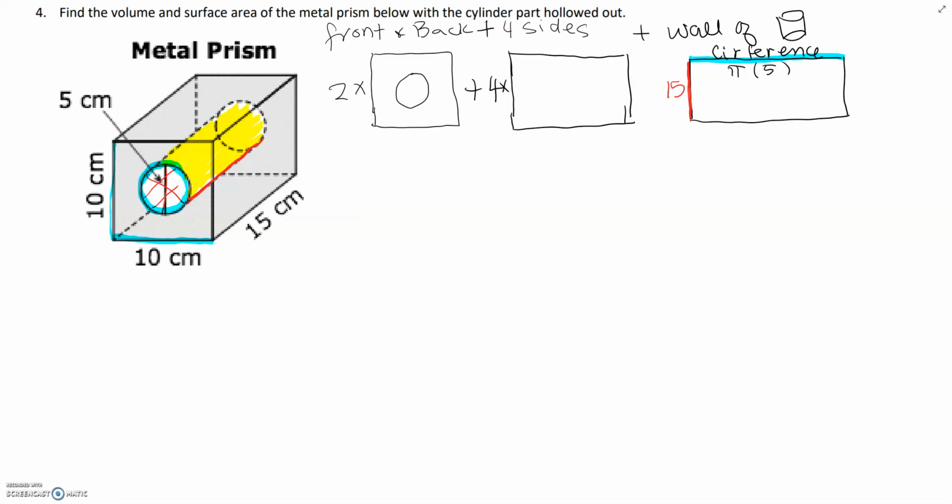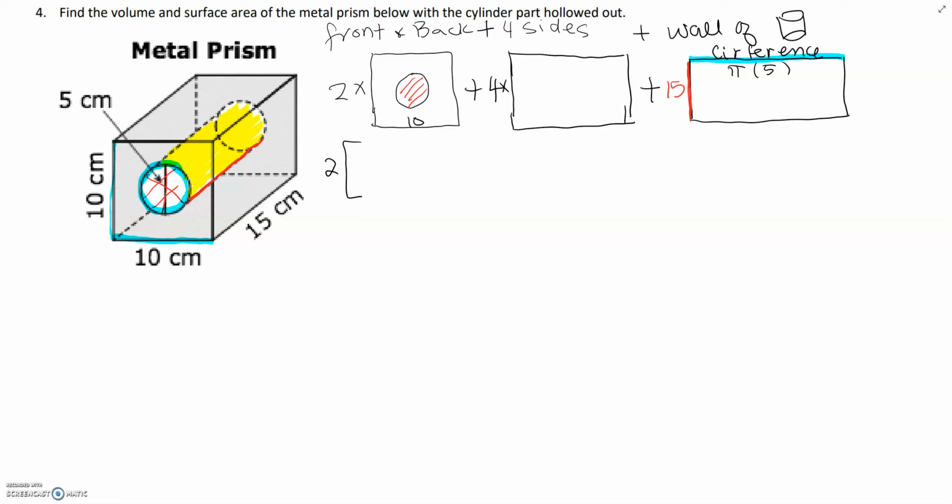Again, it will be the front and the back, with the hollow part that we're not going to count, then four sides, and then the interior part of that cylinder, the surface that is exposed. So 2 times what?